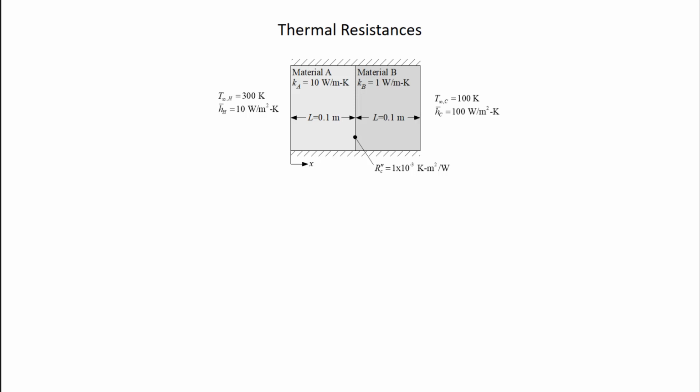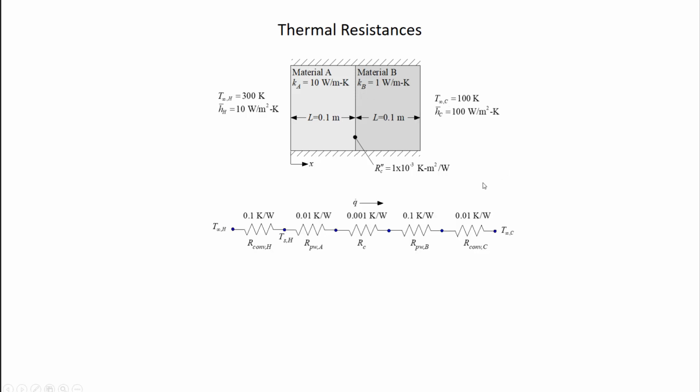So, if I start over here at the warm fluid, I'm going to have a resistance to convection, resistance to conduction, a resistance to contact, and a resistance to conduction, and another resistance to convection. So my thermal resistance network looks like this. It's 1, 2, 3, 4, 5 resistances in series.